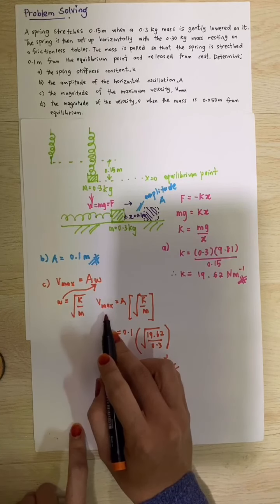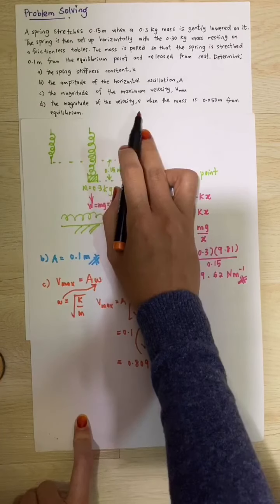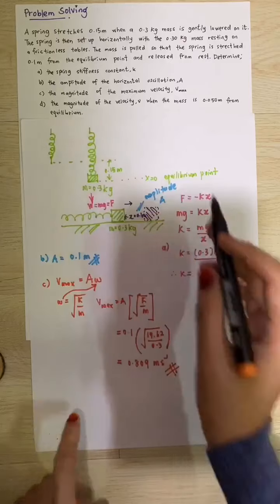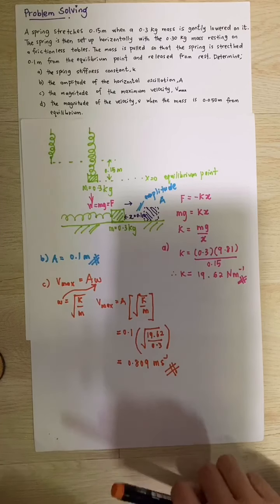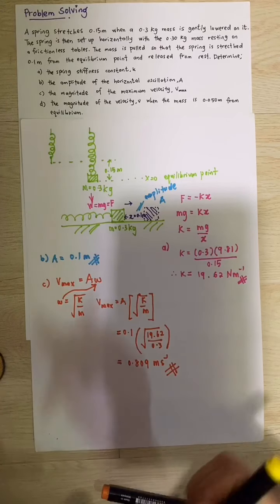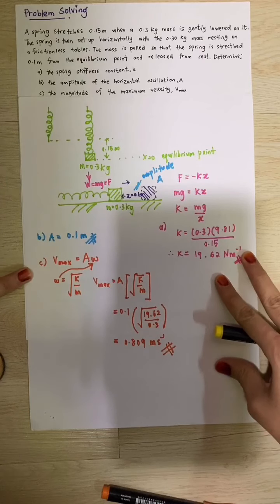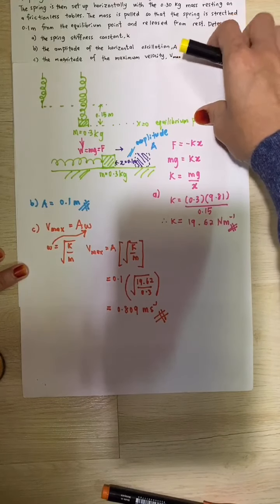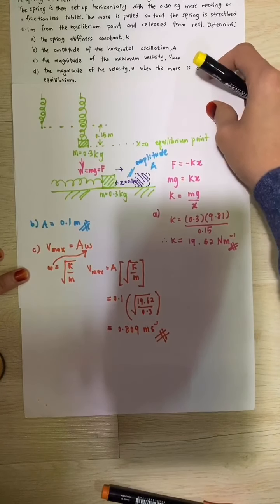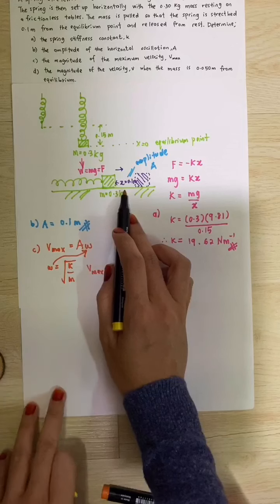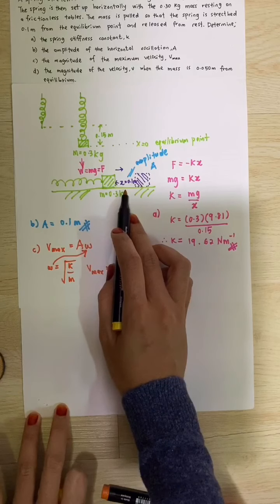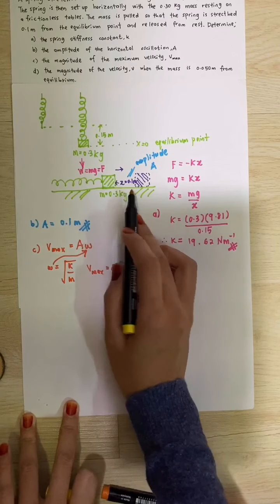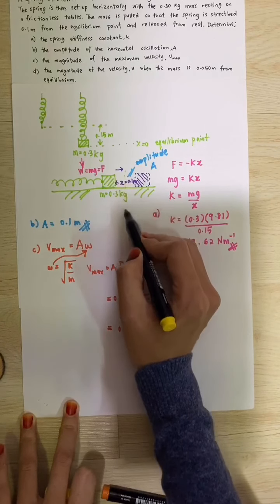Okay, and the last question asks to find the magnitude of the velocity when the mass is 0.05 meter from equilibrium. If we refer to this diagram, it means the mass is around here at this position.